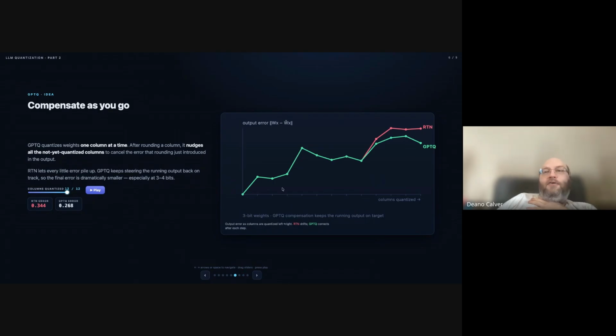But only after you've quantized enough columns are we able to start to introduce the error correction, and we start to bring the GPTQ value more into line. This is a measure of the error, and with these tiny little changes all the way to here, we've now got enough to pull our final error back down.